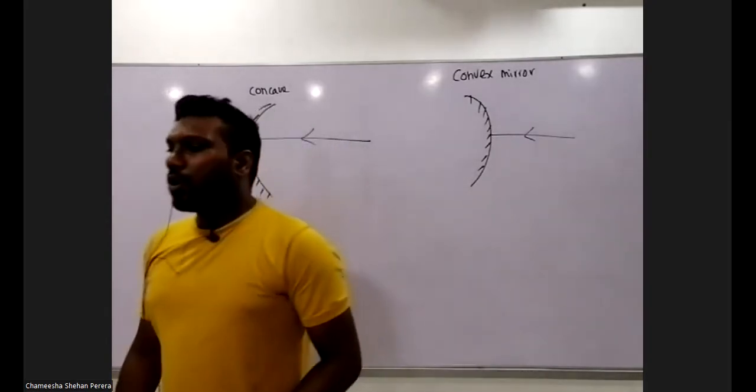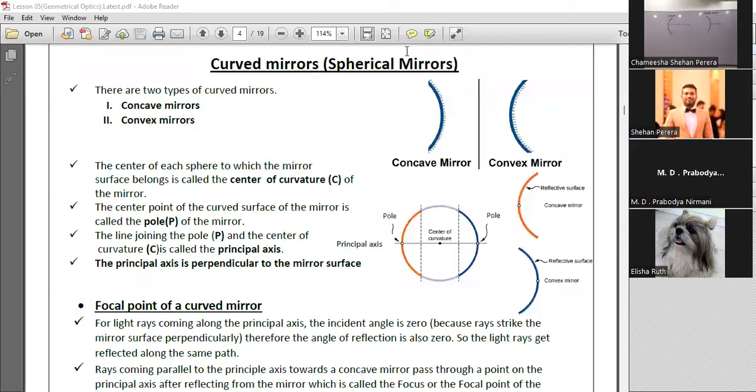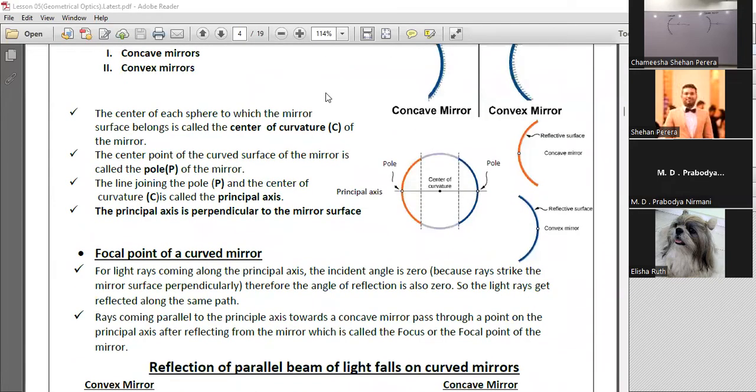So when you talk about these, I wanted to mark it here, right? See here, I have already given you the two types of curved mirrors. I just want you all to mark it over here. But I've not mentioned the necessary surface and the unnecessary surface. Mark it.